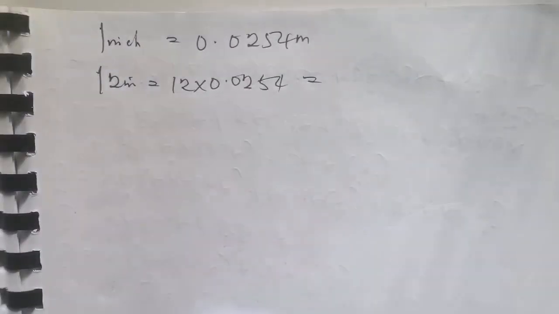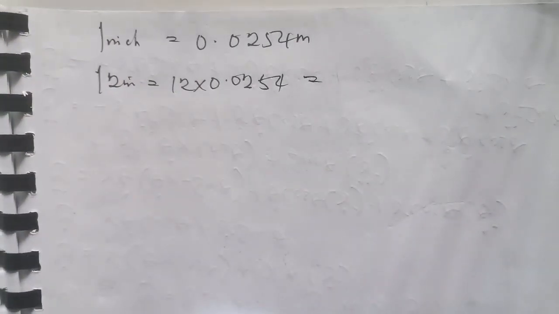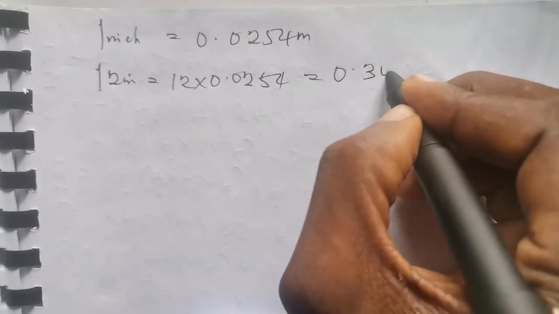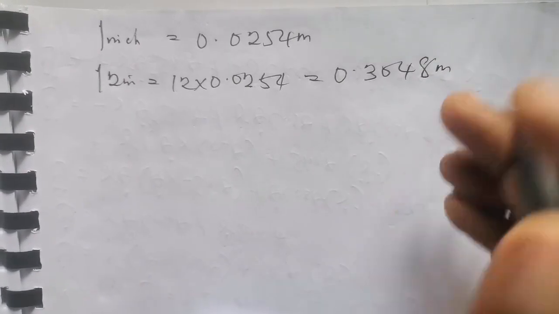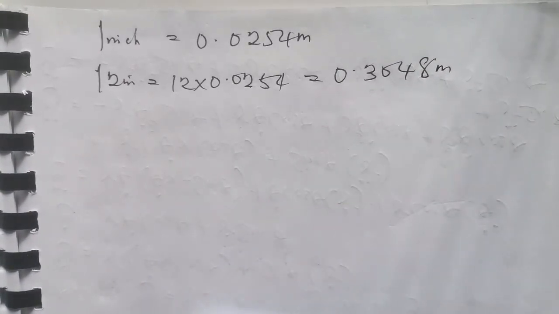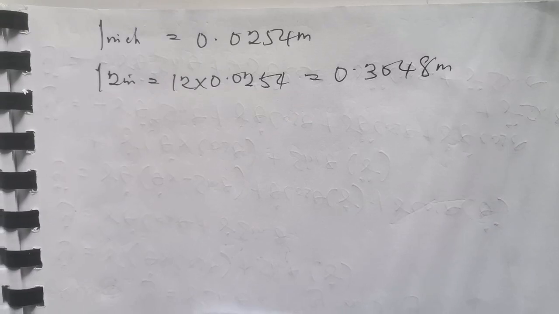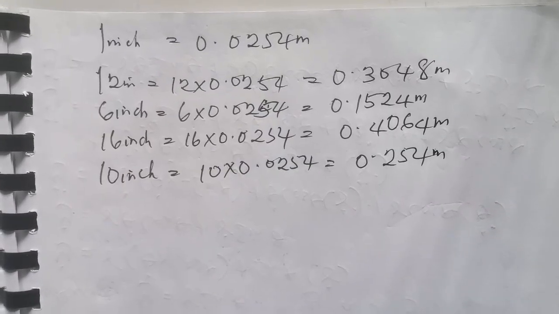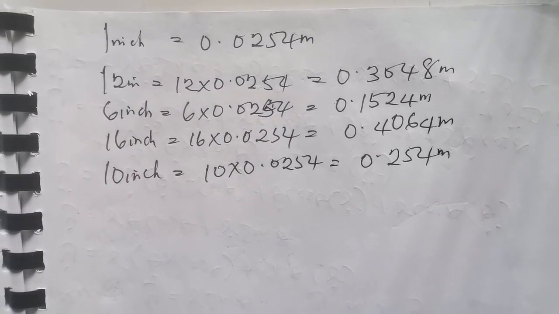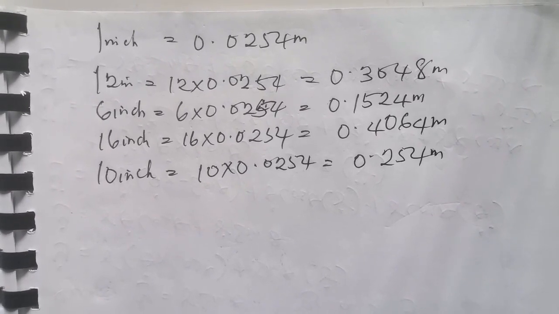So 12 inch will give us approximately 0.3048 in meters. So I'm going to be employing this to convert all the given dimensions. You can do that yourself as well, just to save time. So these are the converted values of all the dimensions given to us.